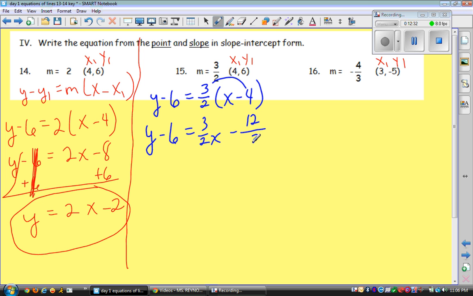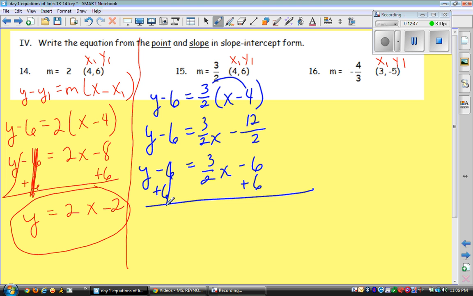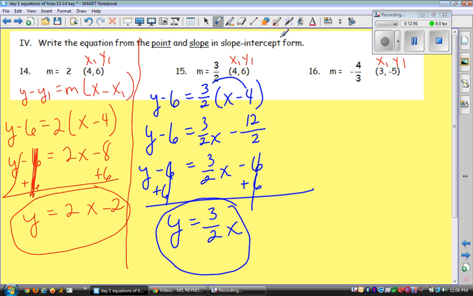We still have this 2, so I'm going to do an extra step so you can see where the number comes from. So I get y minus 6 equals 3 over 2x. 12 divided by 2 is 6. So now I'm going to add this 6 to both sides, keeping the numbers lined up. Y is 3 over 2x, and it cancels out over here also, giving you 3 over 2x as your answer.